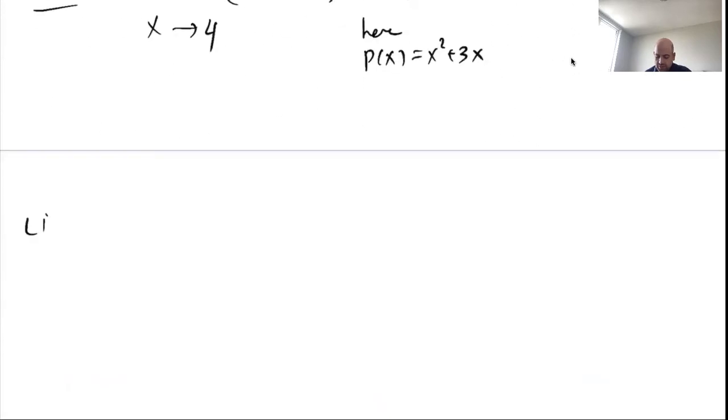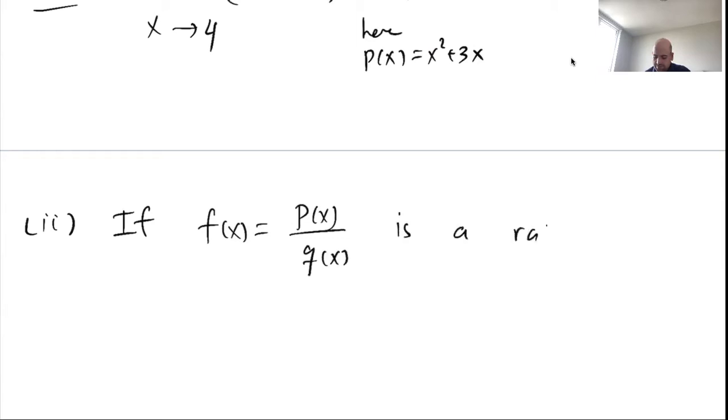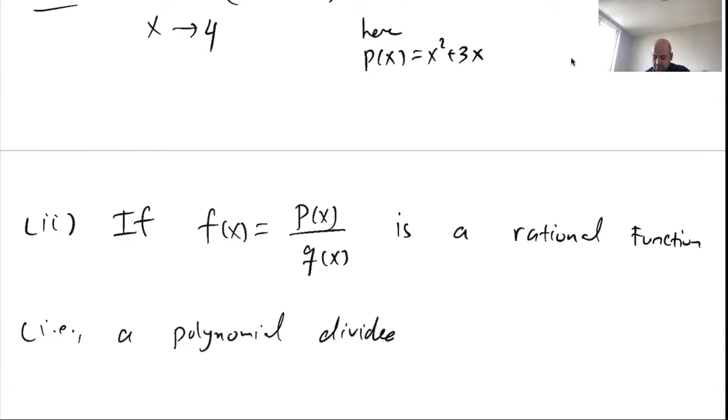Now look at another property. Let's say f of x equals P of x over Q of x is a rational function. Rational function, if you remember from pre-calculus, means a polynomial divided by another polynomial.